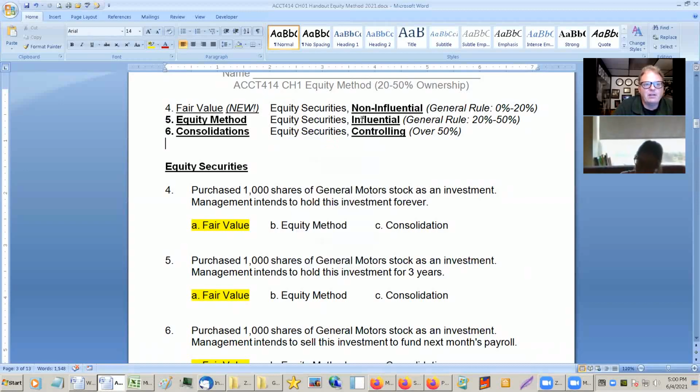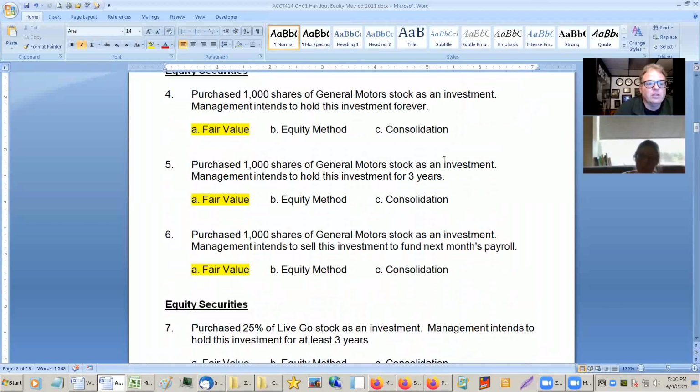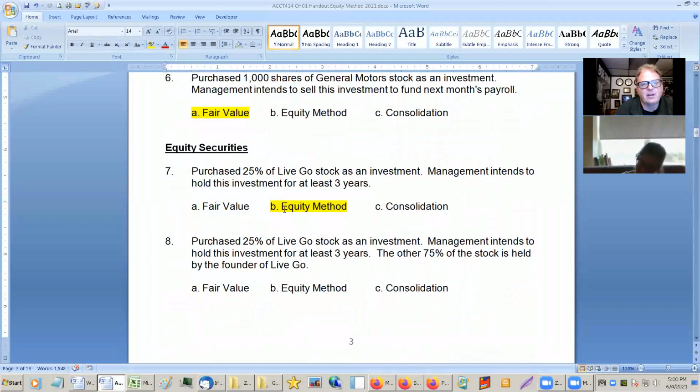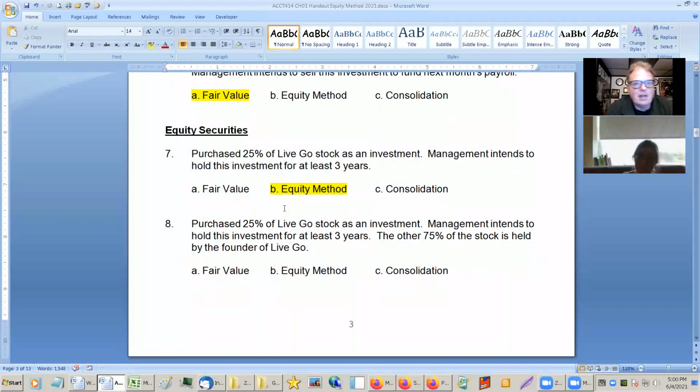Exactly. If they don't give you what you're looking for, basically whether it's influential or not, then you go to the general rule: the equity method. And that's one of the things they test on CPAs. If you don't know whether they're influential or not, then you basically use the equity method. It's between 20 and 50%.